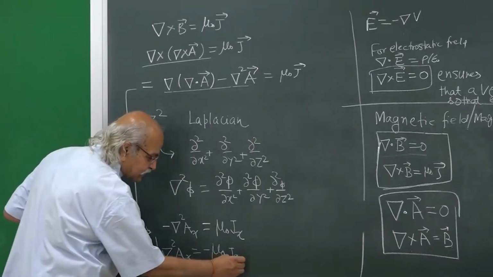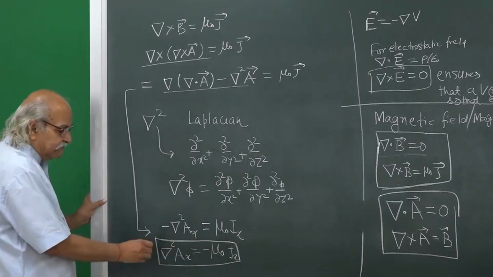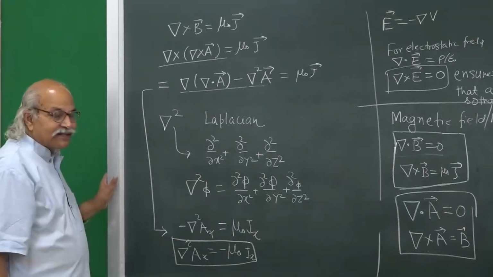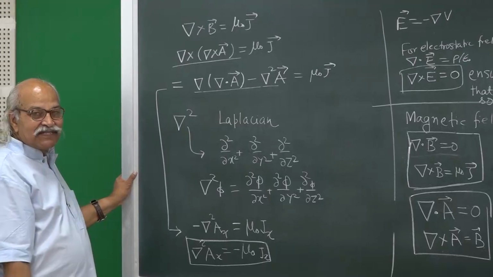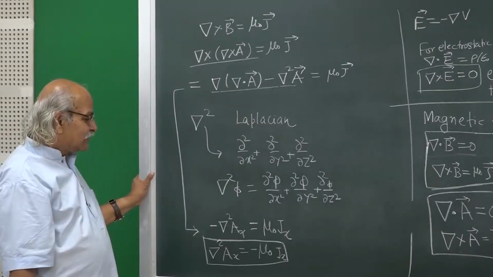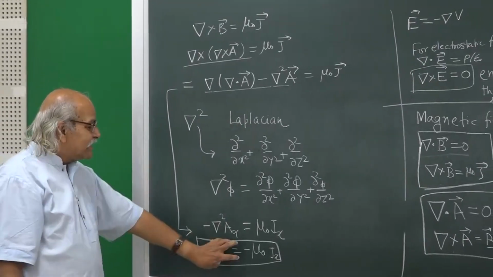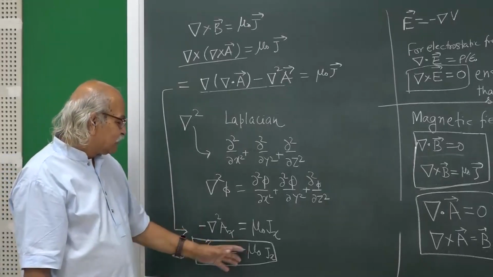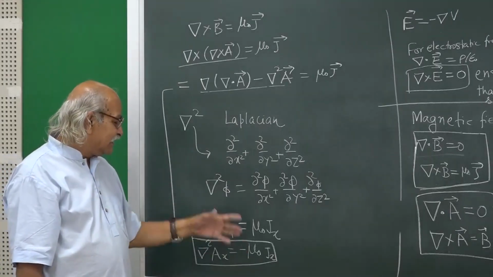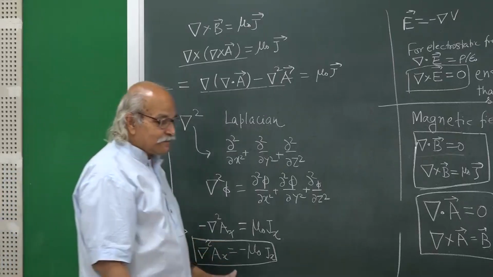Now, this equation is also a very famous equation for electrostatics. Let me quickly tell why this is famous and what the meaning of this equation is in electrostatics. Okay.